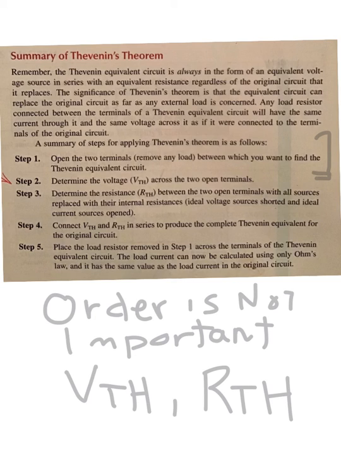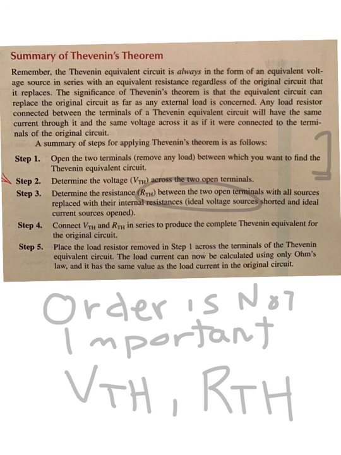Step 3, now that we've gotten the voltage that floats to the opening, determine the resistance, which is called R Thevenin, between the two open terminals, with all the sources replaced with their internal resistances. Voltage sources shorted, current sources opened. Next step.